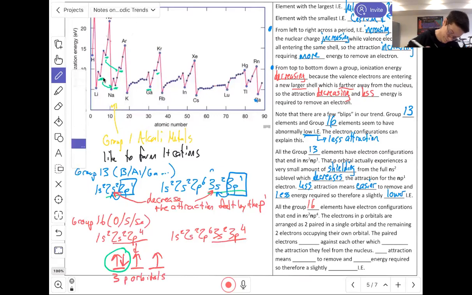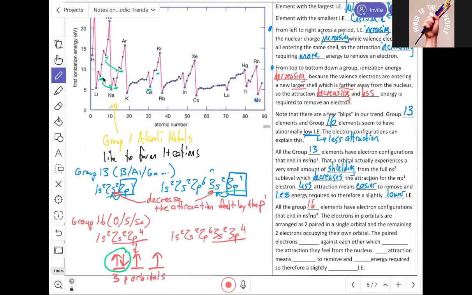And here's why. These individual single electrons, well, they're happy. But the paired electrons, when you shove 2 electrons next to each other, what are they going to do to each other? Repel. They will repel.